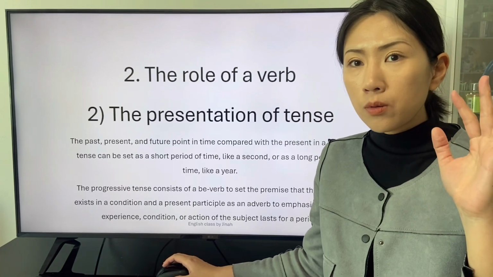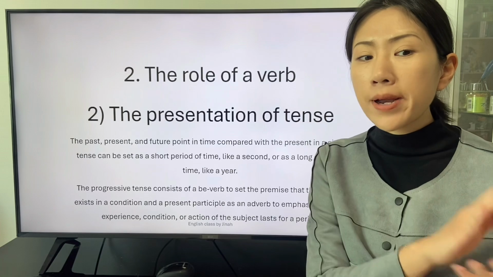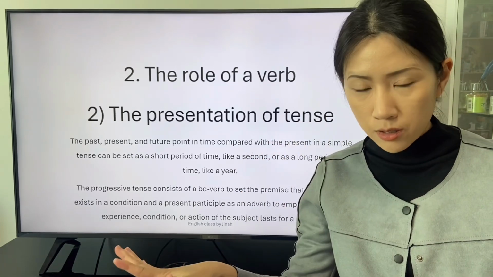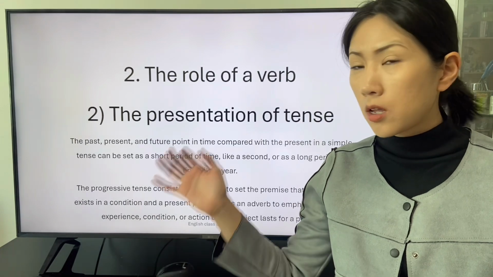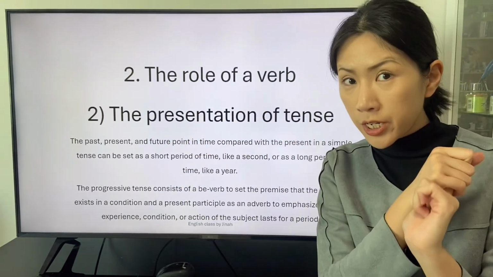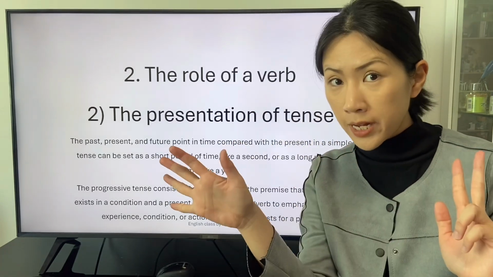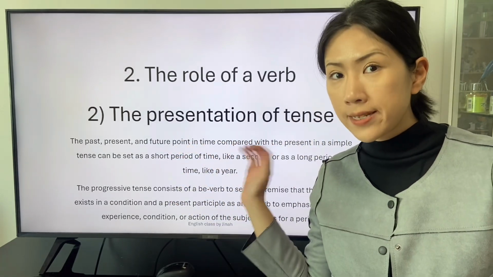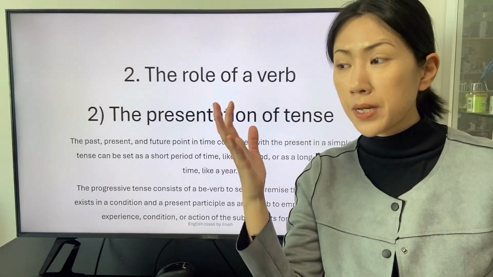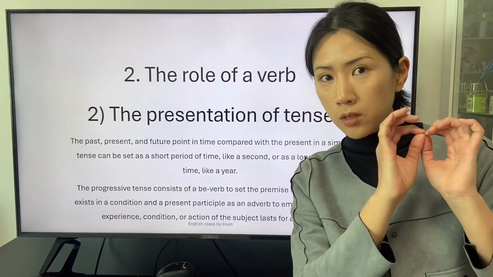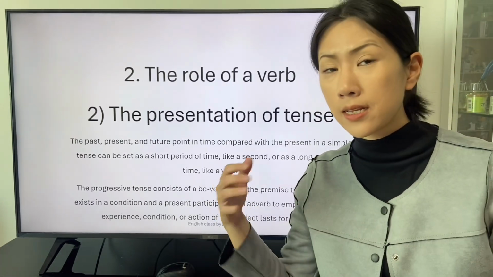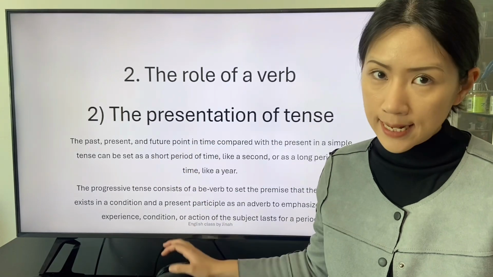So, we can notice that the progressive tense describes the condition of a subject. The simple tense describes an experience, a condition, or an action of a subject, but the progressive tense always describes the condition of the subject because the period of time is on the premise that the subject exists.